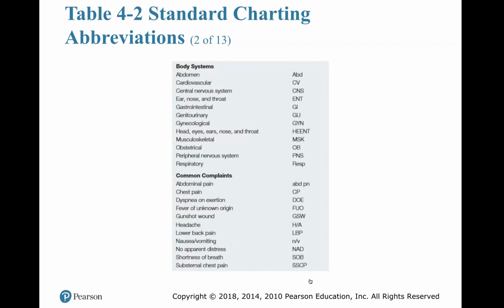Body systems, common complaints on the left, abbreviations on the right. You may see some of this stuff on the test, not necessarily as a test question, but you may see case studies or questions that are worded with abbreviations rather than spelling out the actual term, so you'll have to understand what that means.